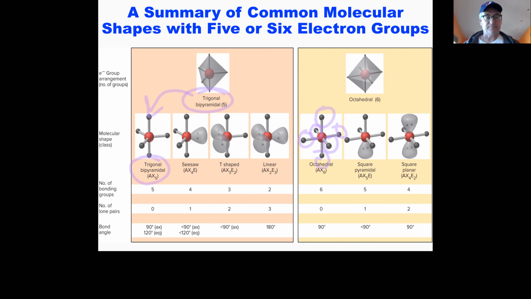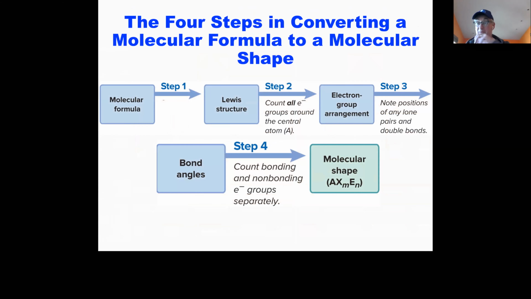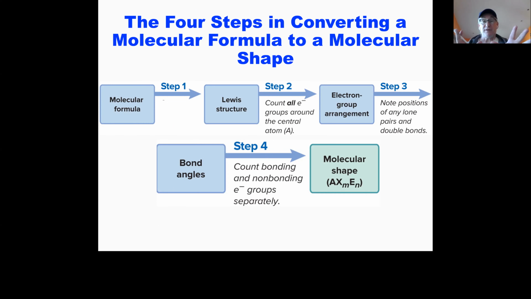All right. So let's actually do some of these things. That's more fun. This is what we do when we have a molecule and we want to draw the shape. First thing we do is the Lewis dot structure. Without the Lewis dot structure, we cannot draw a shape, because we don't know how many lone pairs and atoms there are.